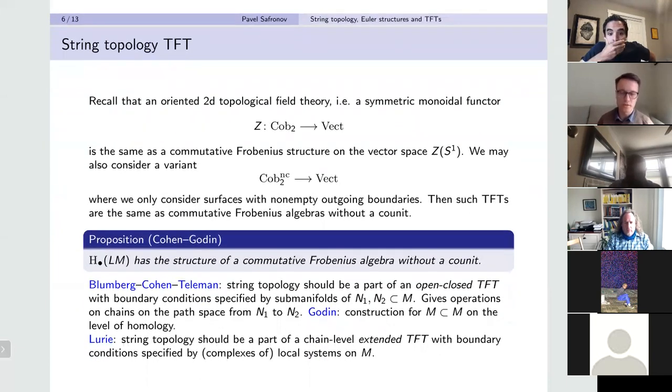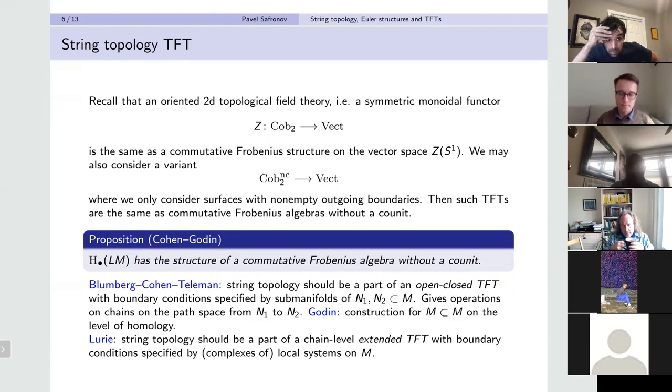One direction is to extend it to chain level, and the other direction is to allow surfaces with boundary.